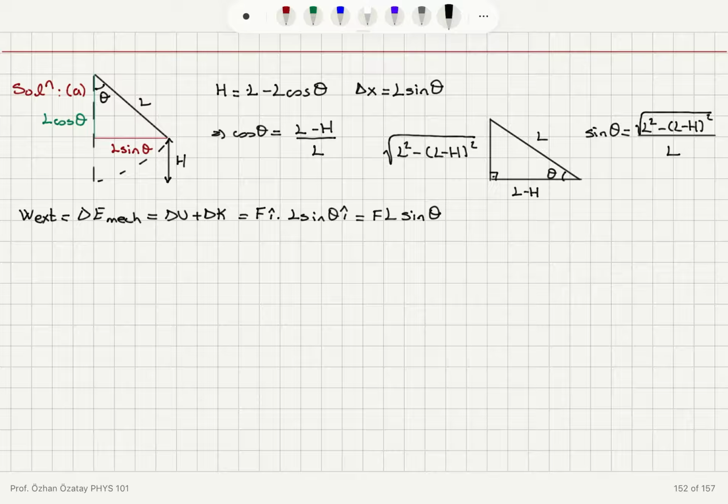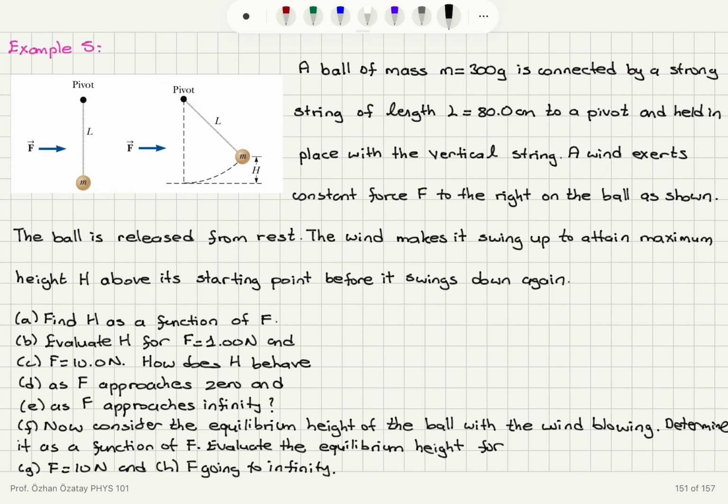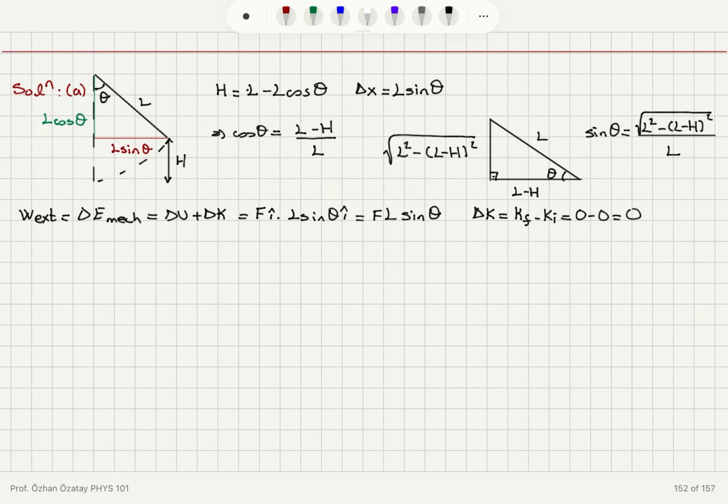The change in kinetic energy of the system, if I am reaching the maximum height here, is final kinetic energy minus initial kinetic energy. 0 minus 0 equals 0, because the ball is released from rest, and I reach the maximum height, which means the final kinetic energy will also be 0.